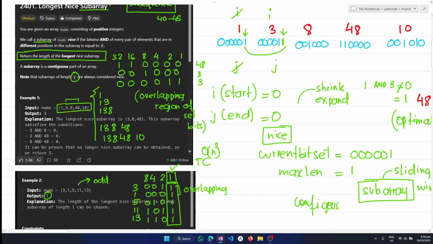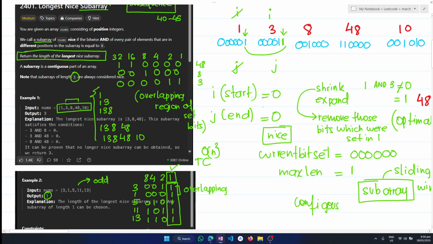When I'm shrinking, I have to remove those bits from my current bit set which were set in 1, isn't it?